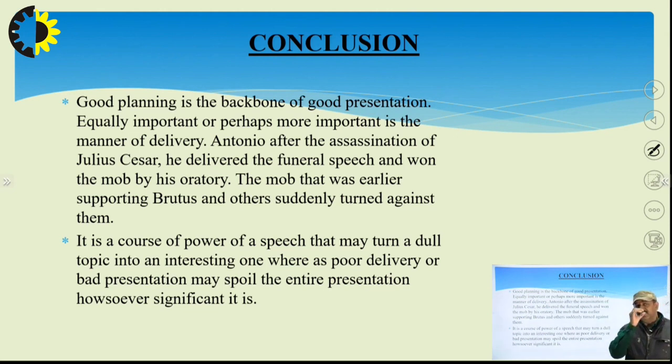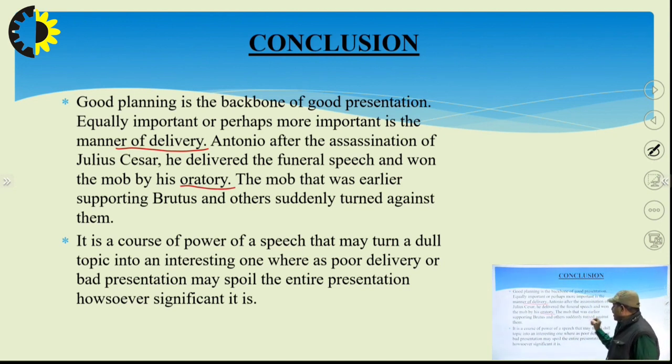So good oratorship is required during the presentation. We see good planning is the backbone of good presentation. Equally important, or perhaps more important, is the manner of delivery. Antony, after the assassination of Julius Caesar, delivered the funeral speech and won the mob by his oratory. This is the role of presentation or speech delivery.